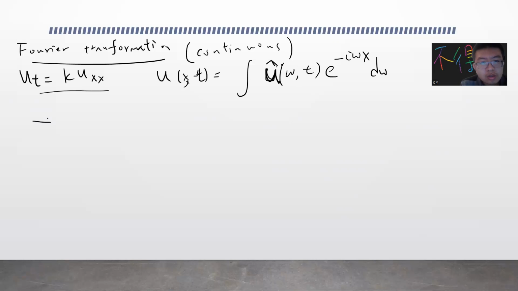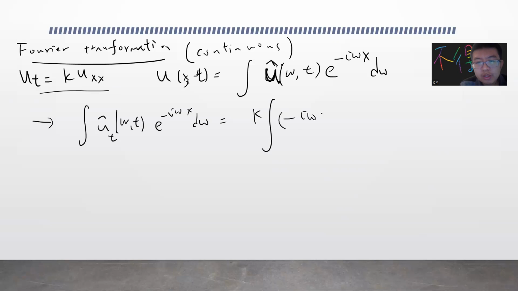So we get the integral of ut hat times e to the i omega x d omega equals k times the x derivative twice. If you do the x derivative, this gives you (i omega) squared u hat d omega.